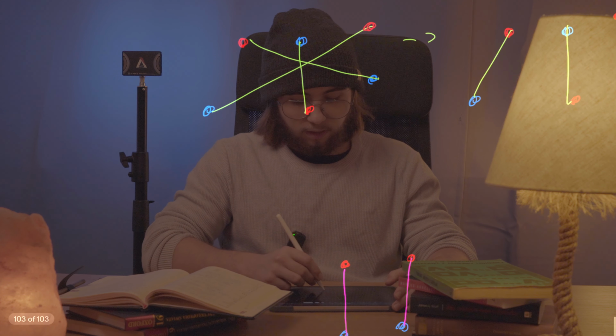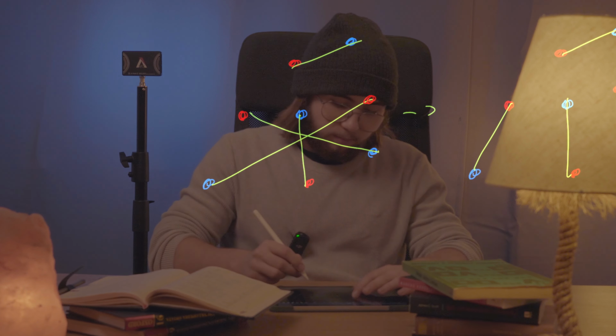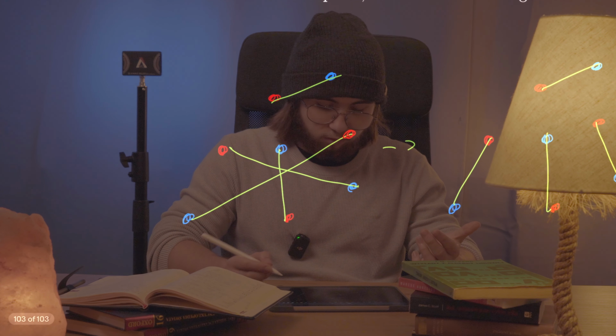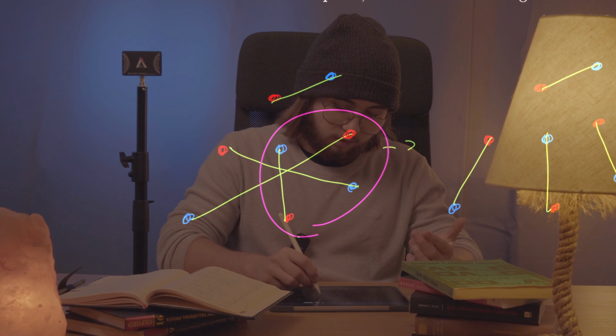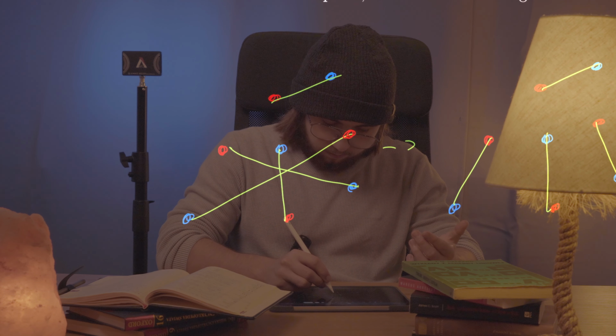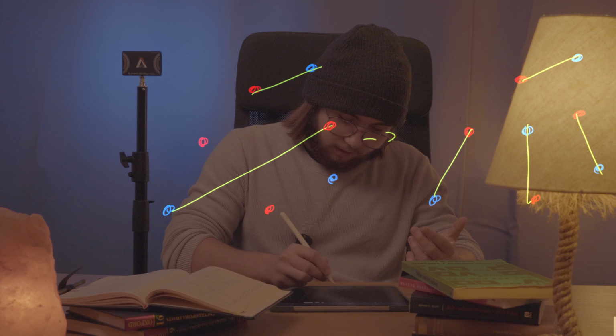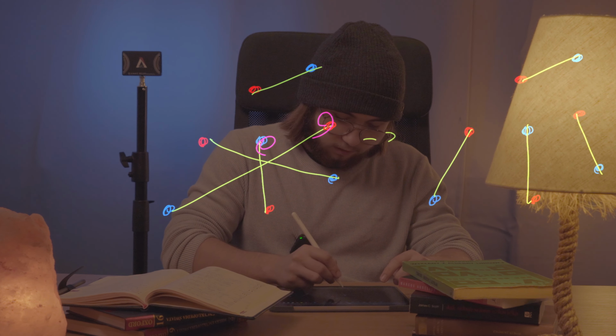So let's maybe try and apply this algorithm to this example. Let's first try and uncross those guys right over here, because why not? Then we will, oh no, we will have to uncross this. Oh man, this and this guy.